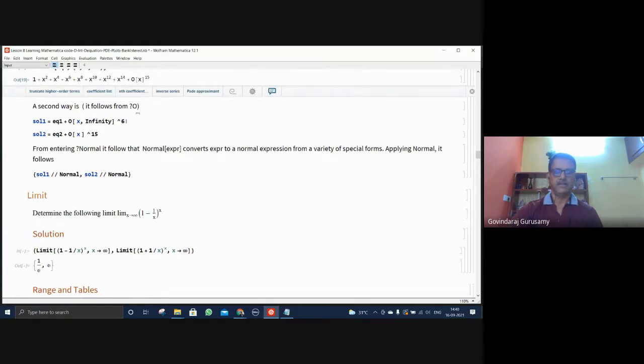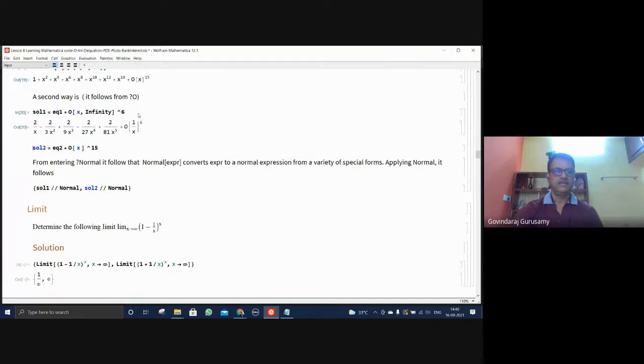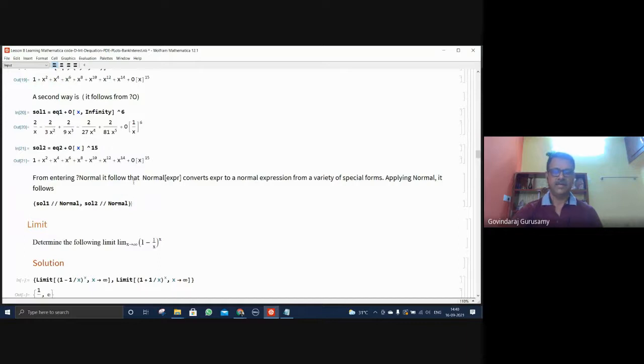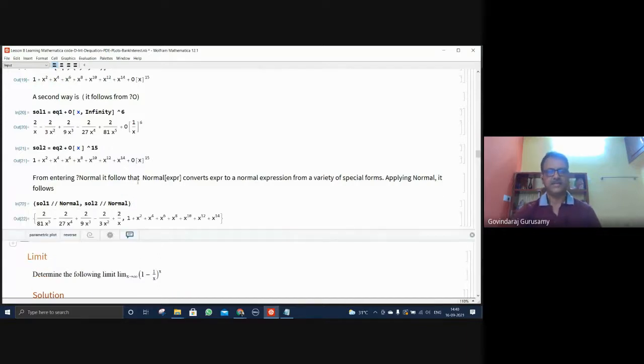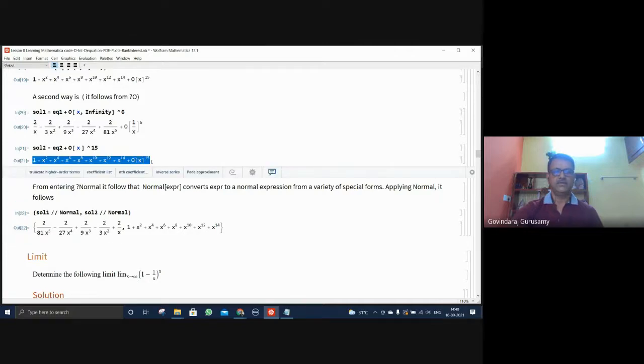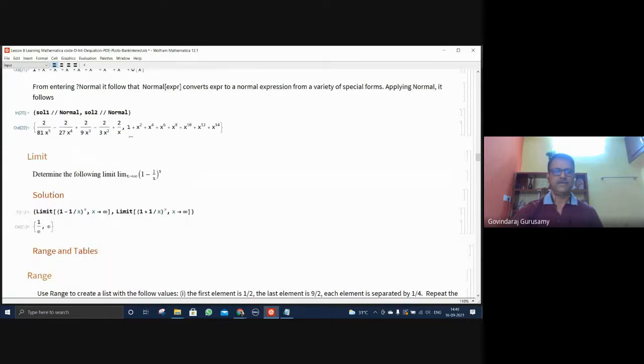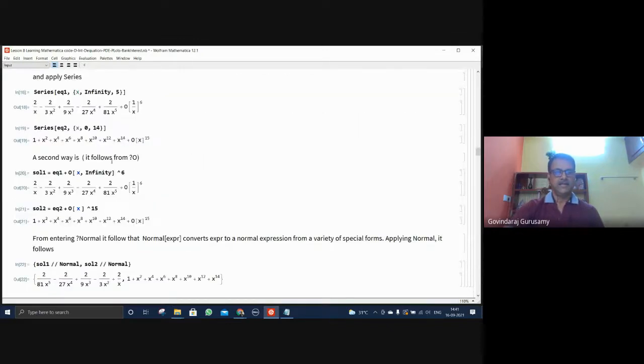Probably you can see here, this is number 1, 2, in which we add this normal, which eliminates this approximate value, the O x power 15 and O x power 6 being taken out. This is the normal expression. I think it's clear for you.